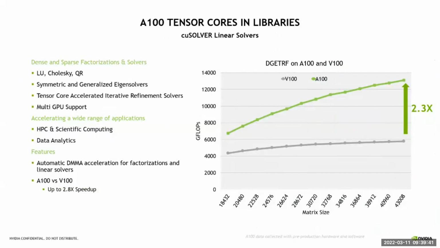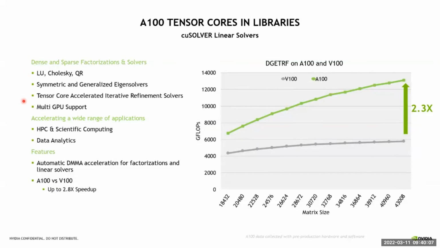Here I'm showing the cuSolver library. So whereas cuBLAS is the basic linear algebra building blocks, cuSolver is the higher level linear algebra solvers such as LU, Cholesky, QR, and also support for the various eigensolvers. Now, cuSolver can actually, under the hood, use techniques known as iterative refinement to utilize reduced precision math to still achieve full precision results.